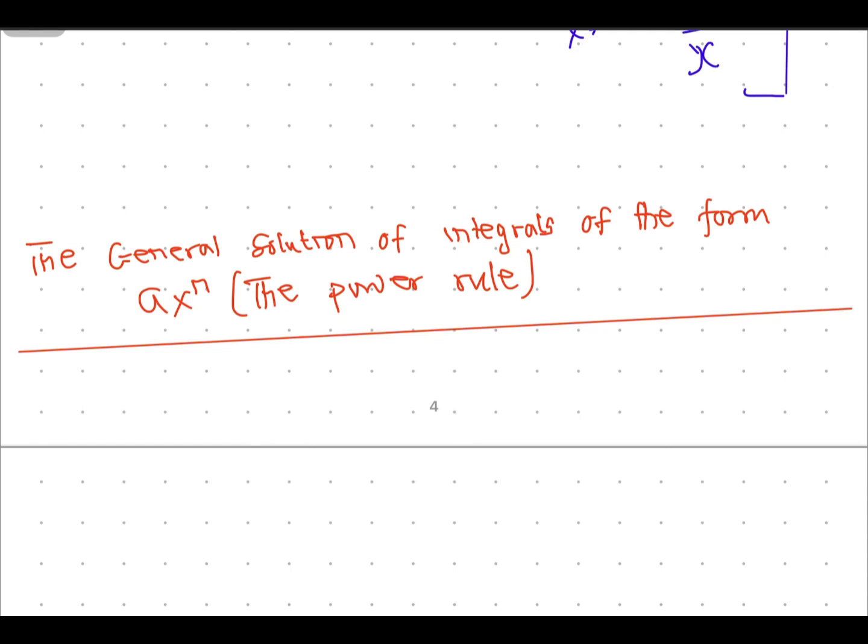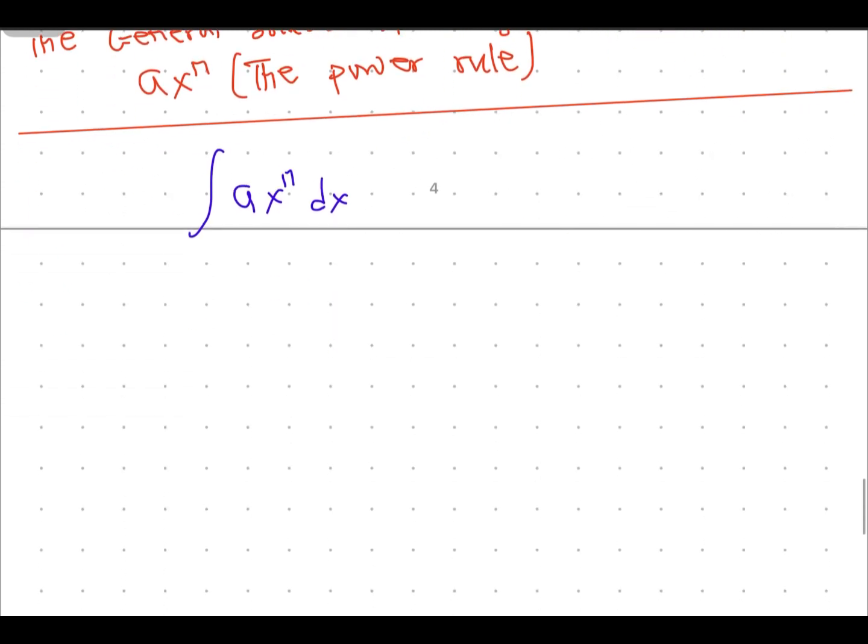So the general solution of integrals of the form ax power n dx, where a and n are constant, is given by the integral of ax power n dx equal to ax power n plus 1 over n plus 1. And then don't forget your constant, plus c.